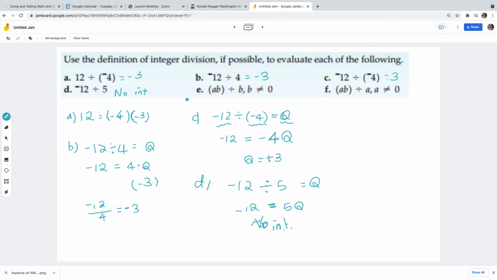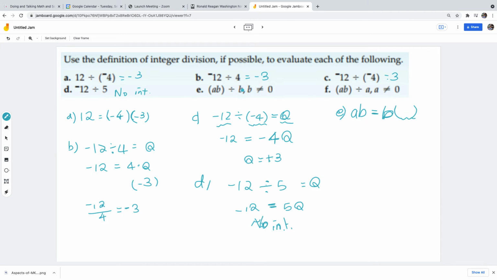How about E? AB divided by B, where B is not equal to 0. So let's use our definition of the integer division again. So the dividend AB is equal to B times what? B times something, that something will be the quotient, right?